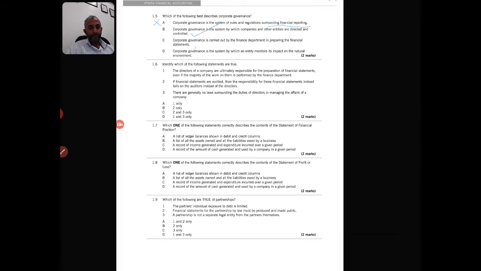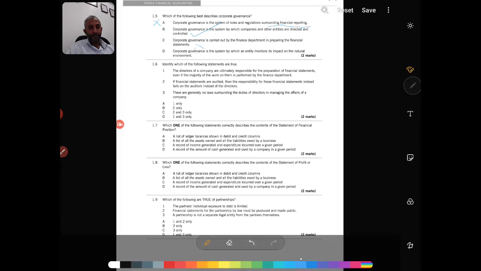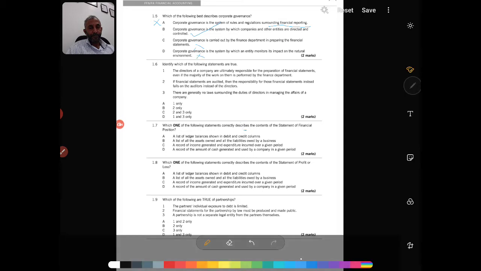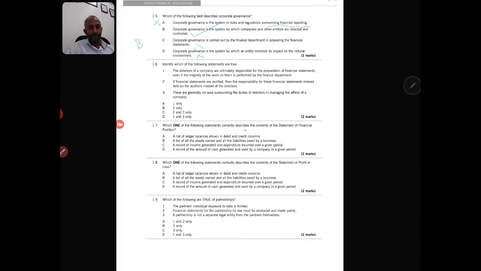No, that's wrong. D, corporate governance is the system by which an entity monitors its impact on the natural environment. No, that's also wrong. So the 1.5 answer is B.